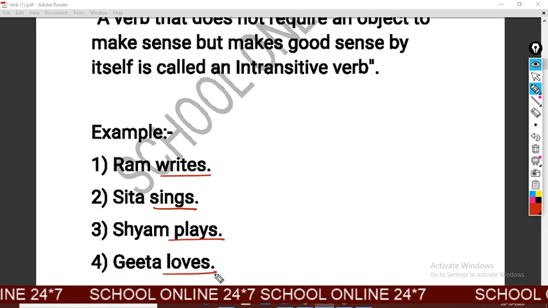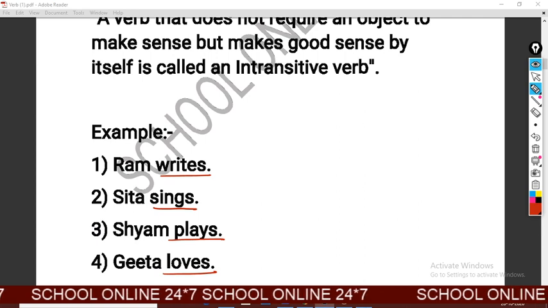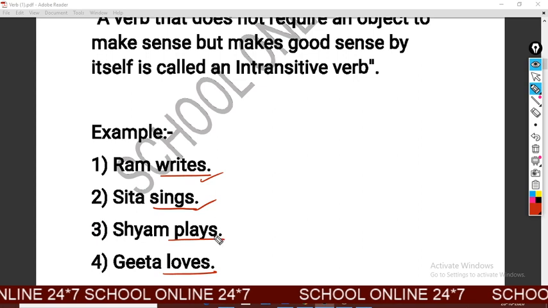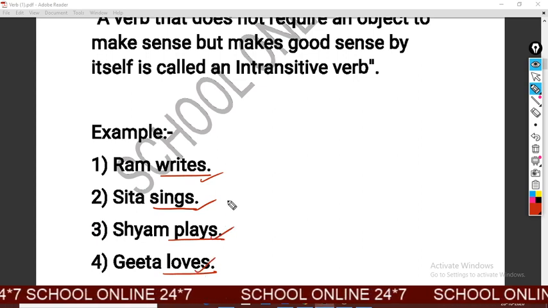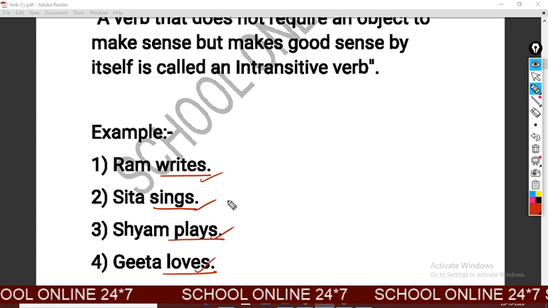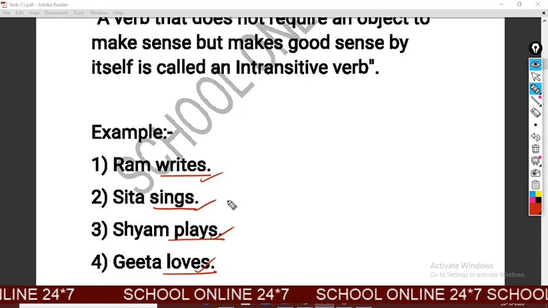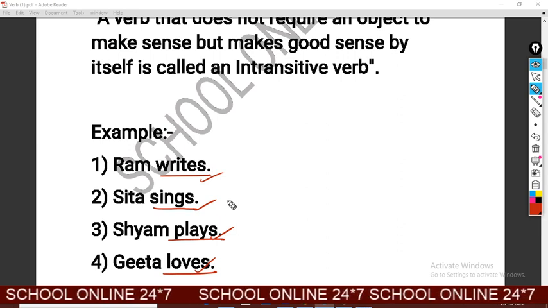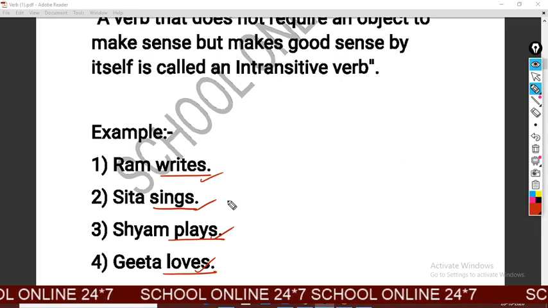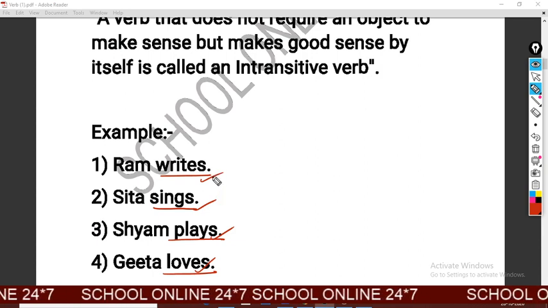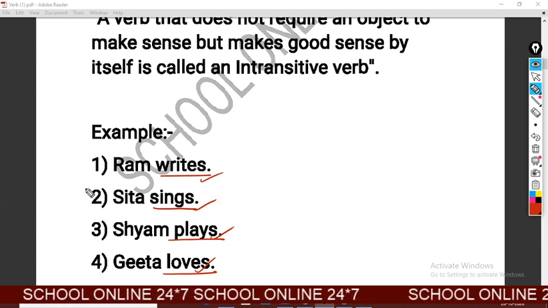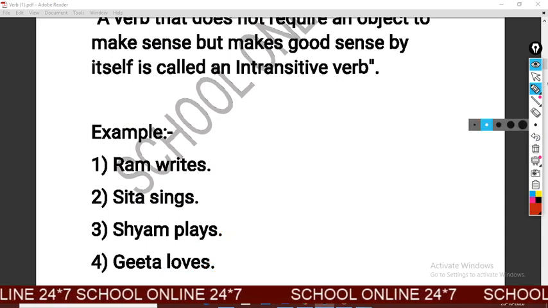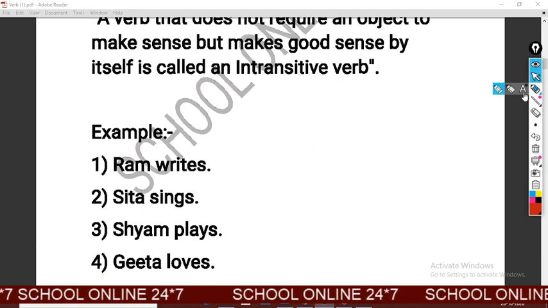And fourth, Gita loves. In these examples you can see writes, sings, plays, and loves are the verbs. But they have no object with them, and yet we understand the meaning of these examples. So these verbs are intransitive. Means in intransitive verbs we will not find any objects.